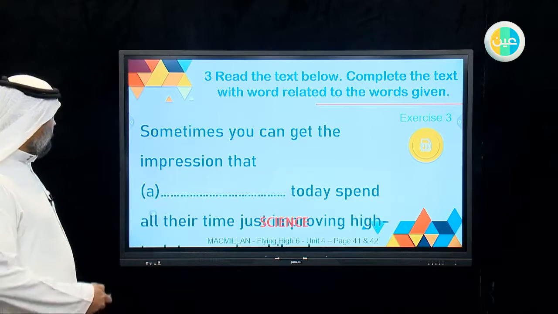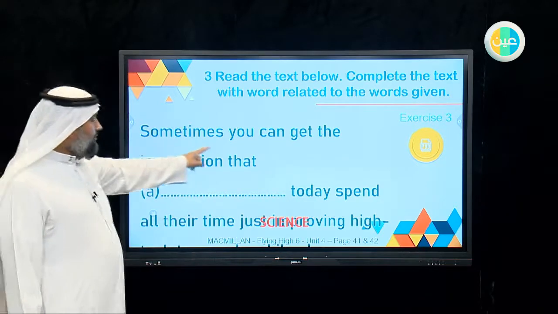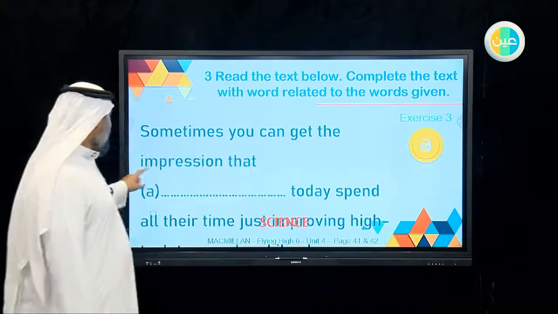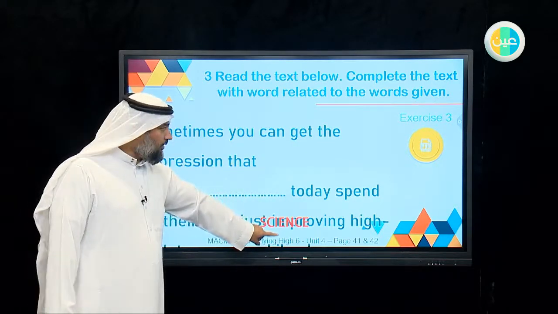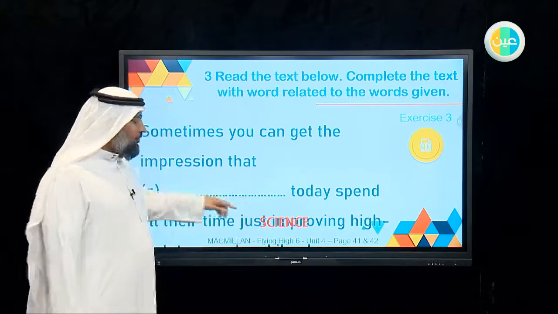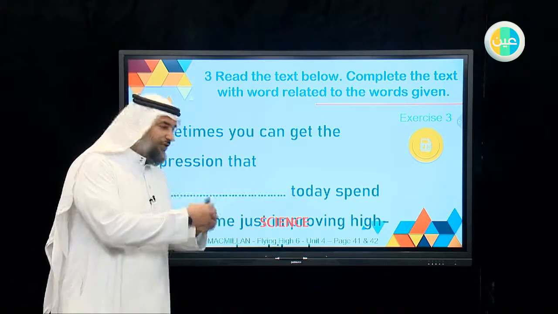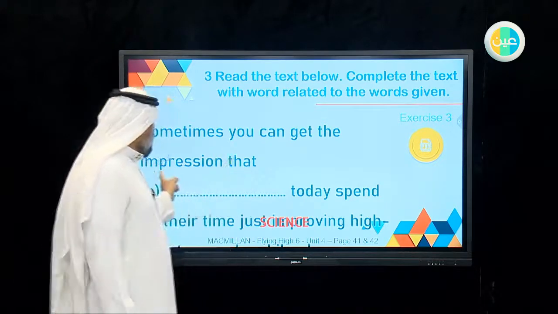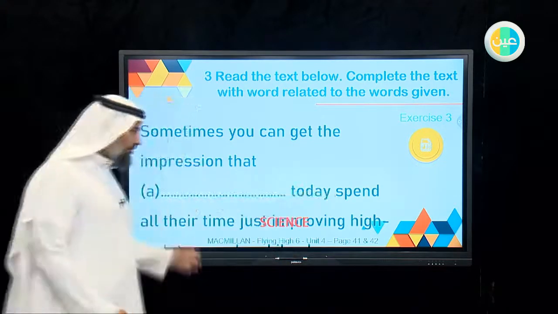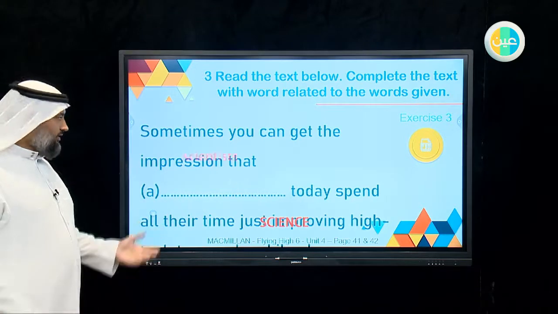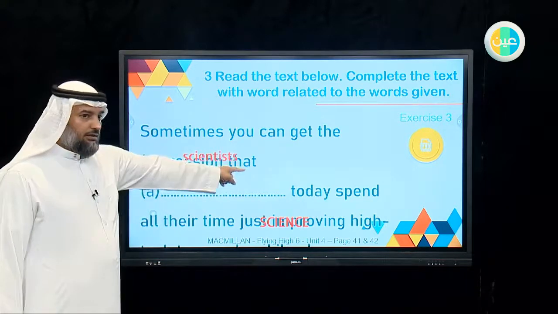It's not clear here, but sometimes you can get the impression that the word is science. What do you say? We have to change it. You add a suffix to it and then put it here. Science? It's scientists. Scientists.